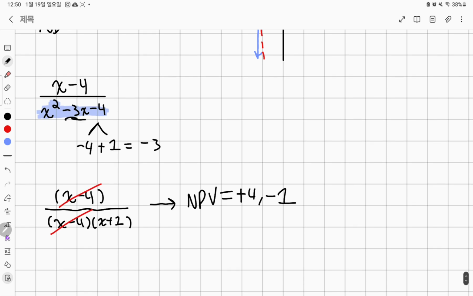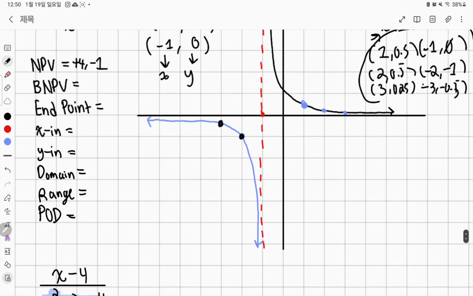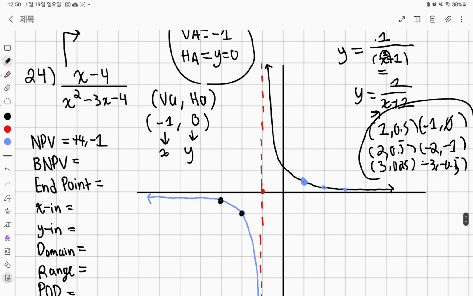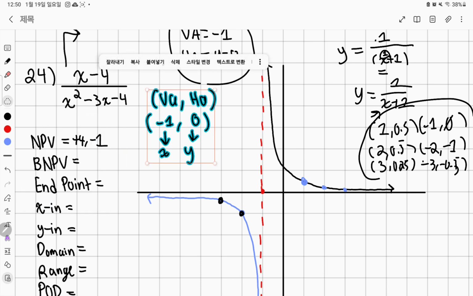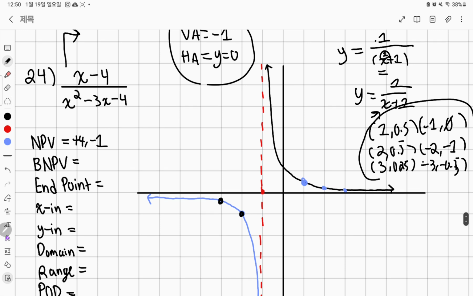This is because when we have +4 or -1, it just doesn't make sense, because the denominator will eventually equal 0, so we don't want that. Okay, NPV. BNPV. What does BNPV mean? Okay, let me just erase this because we don't need it anymore. You guys can always go back to the video and review, right? Okay, BNPV. It means behavior of non-permissible value.